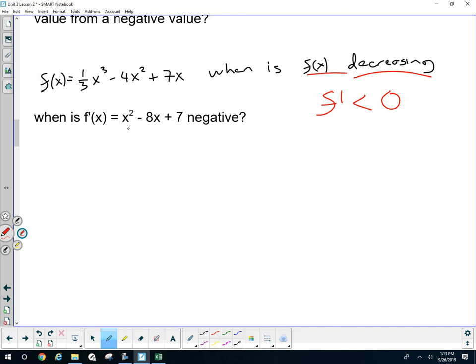All right, well, I took the derivative. The derivative of 1/3 x cubed minus 4x squared plus 7x is this. I want to see when this is negative, okay? So kind of like I just had a step to get to where our question was. Cool? Now, how do I figure out when things are negative?